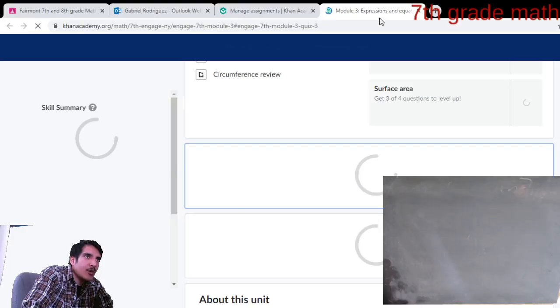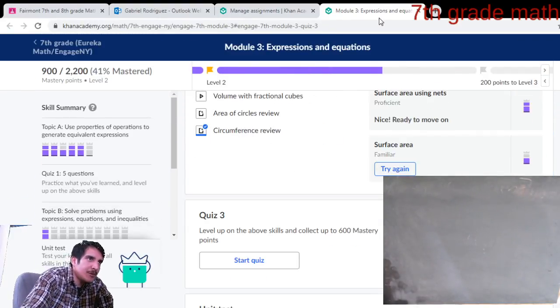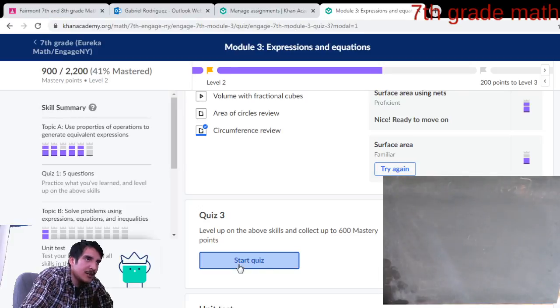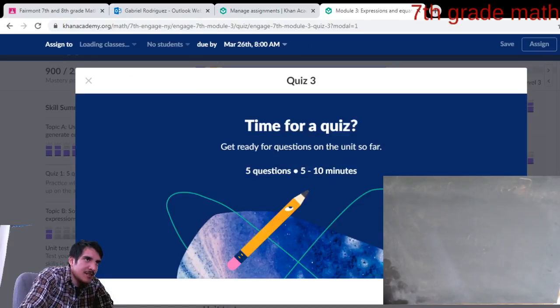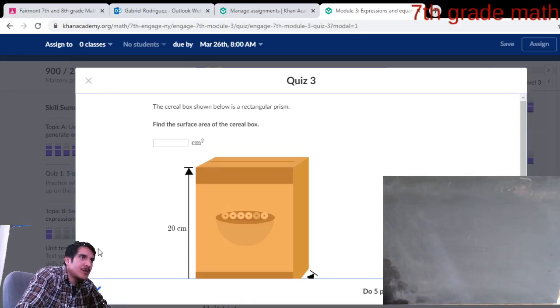So I'm hitting quiz 3. It's going to take a few seconds to scroll to quiz 3 on its own, but here we are. And I'm going to hit start quiz. It's only 5 questions. Wow. Okay, then we will be able to do some extra stuff after this, so that's kind of cool.